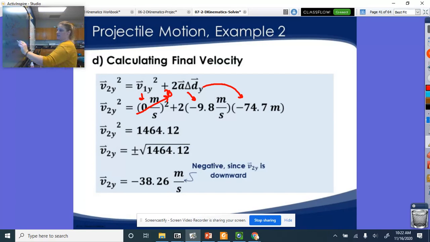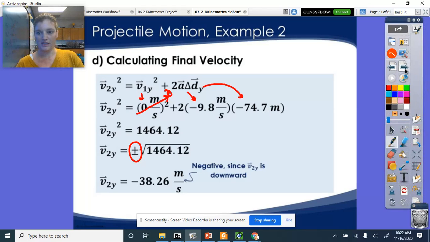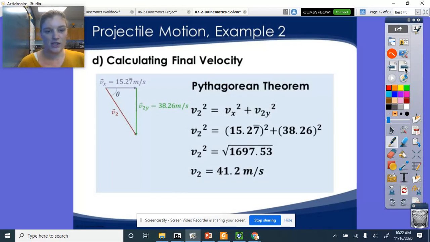So then I can solve for that, and I get, again, a square root, so I can take the positive or negative. But I know that my velocity is pulling me down, so I'm going to use the negative number. My final velocity in the y direction is negative 38.26. Then I just use the Pythagorean theorem, a squared plus b squared equals c squared, using the x that I already knew and the y that we just solved for.